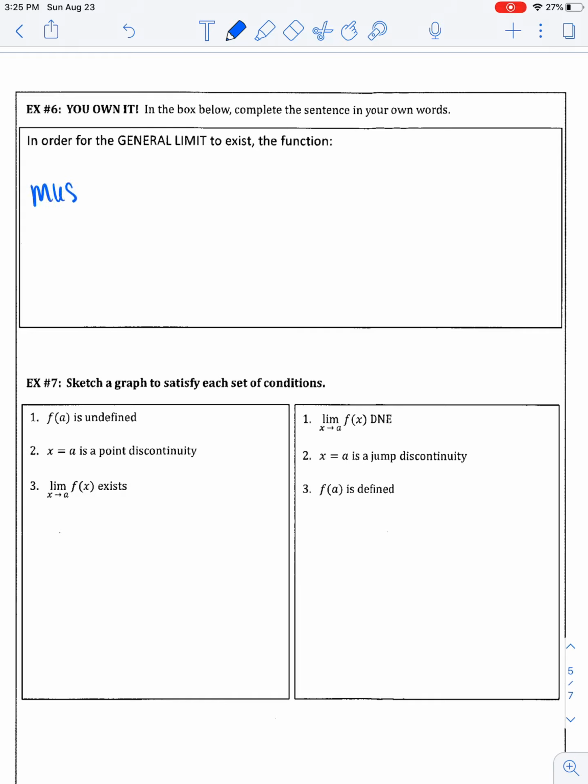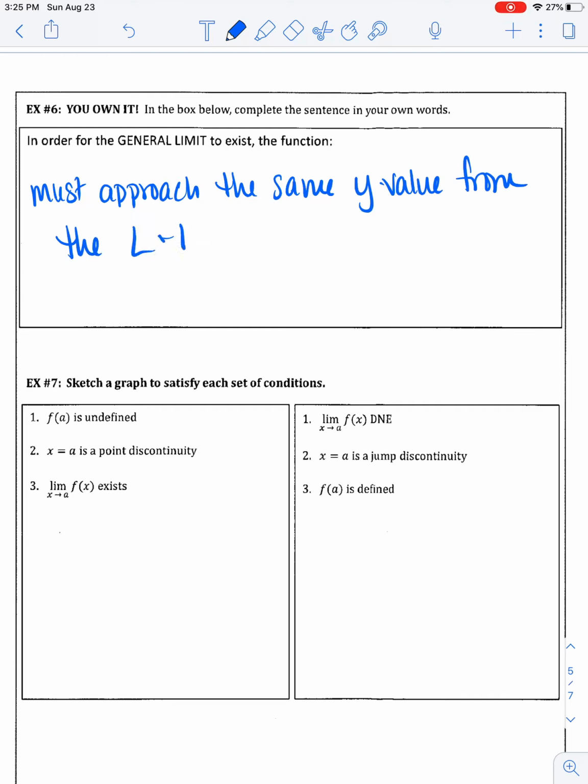All right, so the function must approach the same y value from the left and the right. Okay, then I'm going to add this statement.